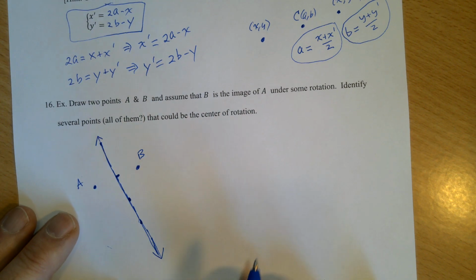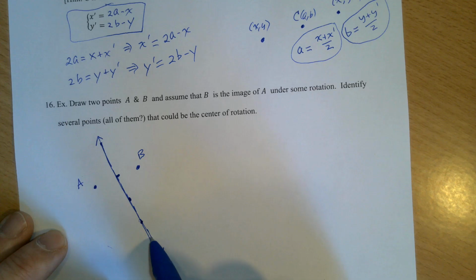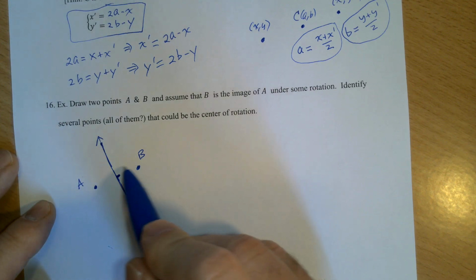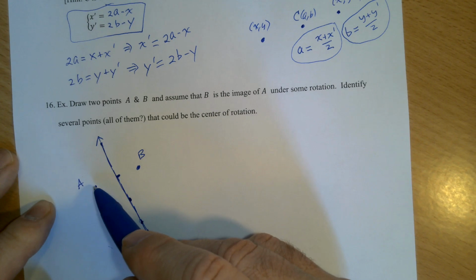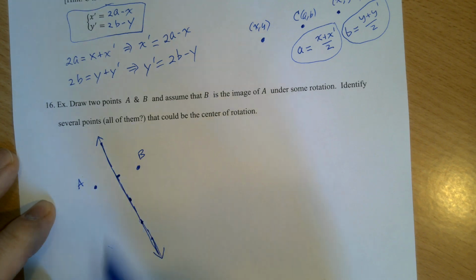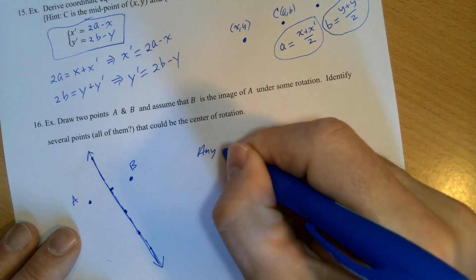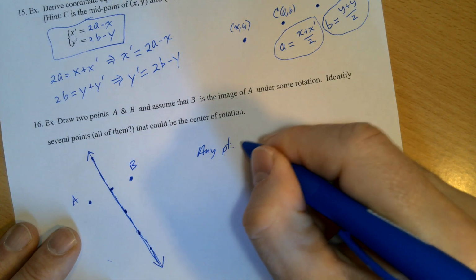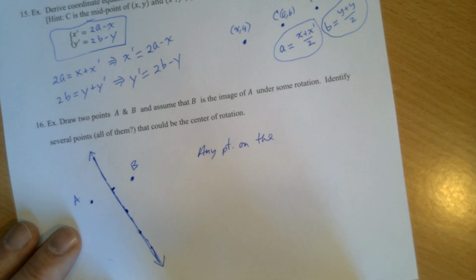Any point along that line you could draw a circle where there's a center on this line, and it would go through A and B. So the rotation would take us from A to B. So the answer would be any point on, how would we describe this?